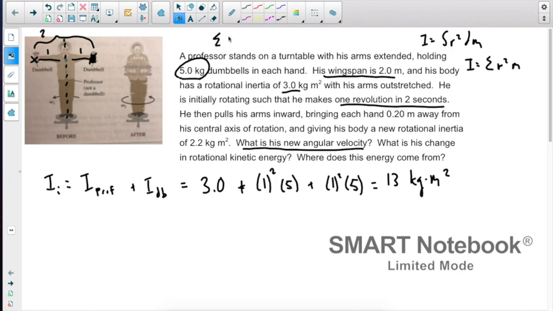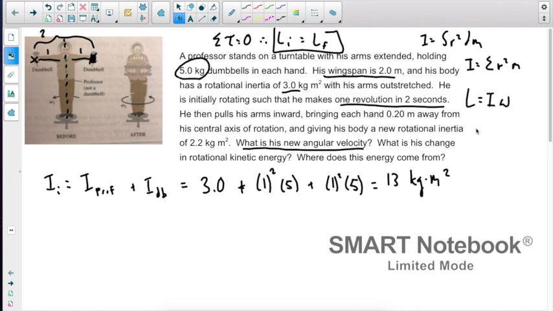And when your net torque is 0, I know that initial angular momentum has got to equal final angular momentum. So I'm using conservation of angular momentum here. And he is an extended body rotating, so I'm going to use rotational angular momentum, where you remember that rotational angular momentum is just I omega.